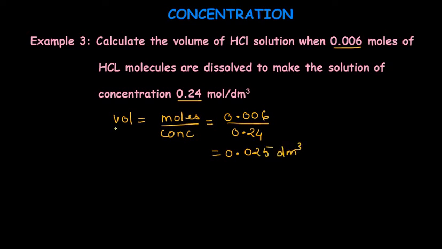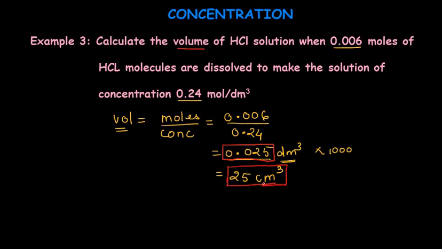Now obviously the volume calculated is in the unit of decimeter cube, so we can write the answer as 0.025 dm cube, or we can write it in centimeter cube also by multiplying it by 1000, which gives us 25 centimeter cube. So our answer for the volume of HCl is either 0.025 decimeter cube, or 25 centimeter cube of the solution.